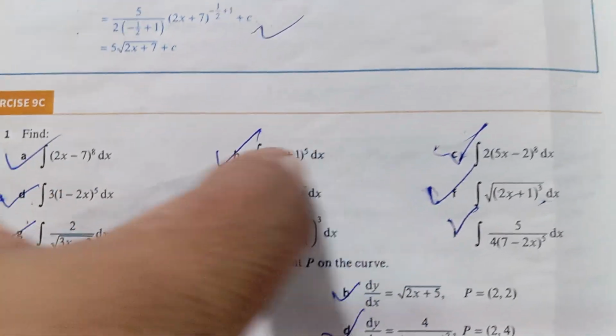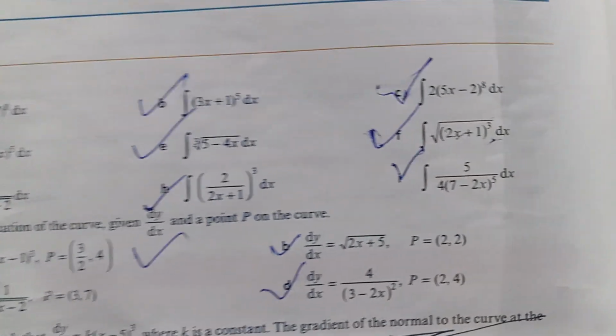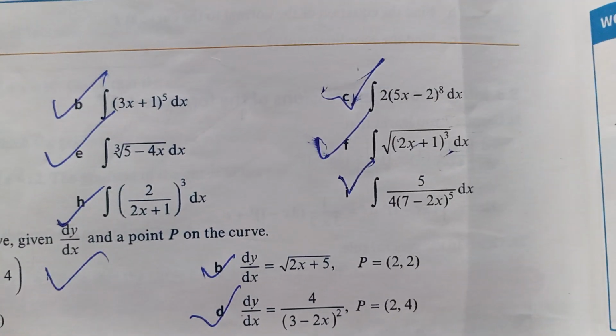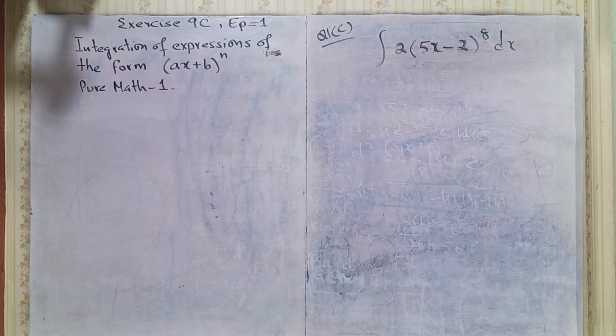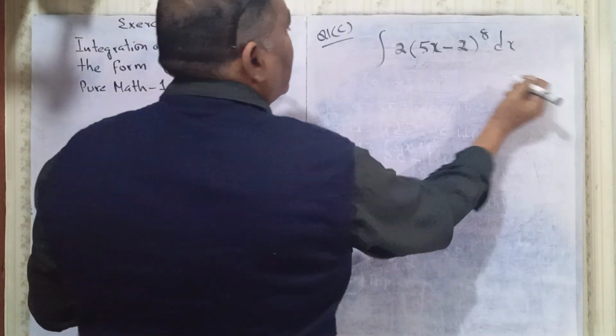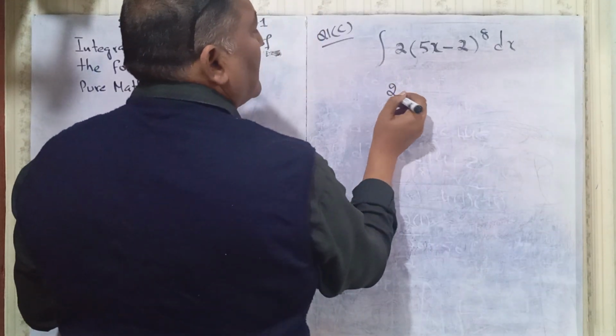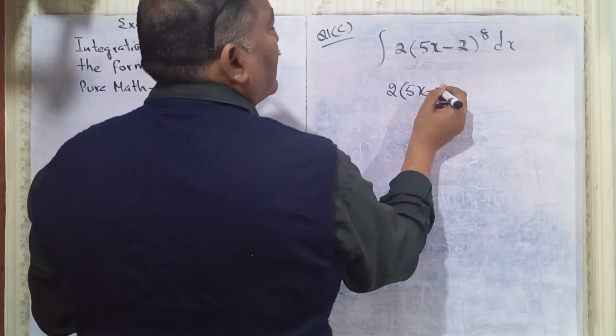So now we will work on question number 1 and the c part. Okay, so let's try this c part. The method is the same. This 2, because it's multiplying, will remain as it is. Okay, so 5x minus 2.